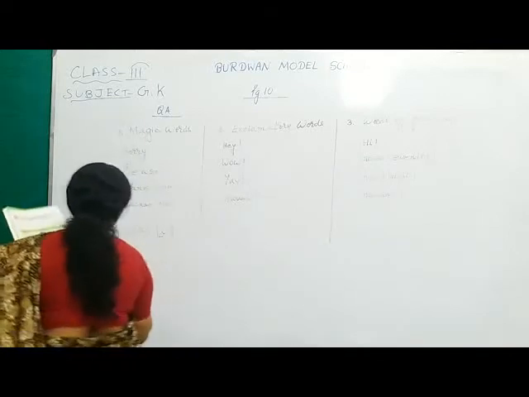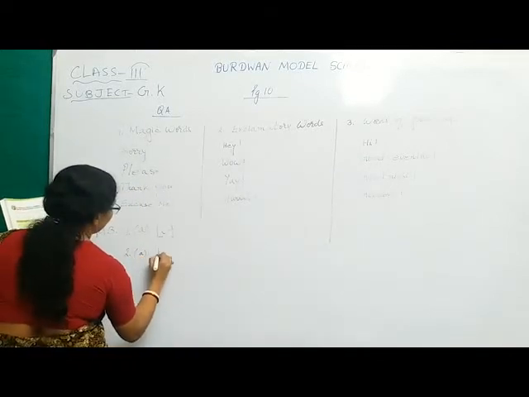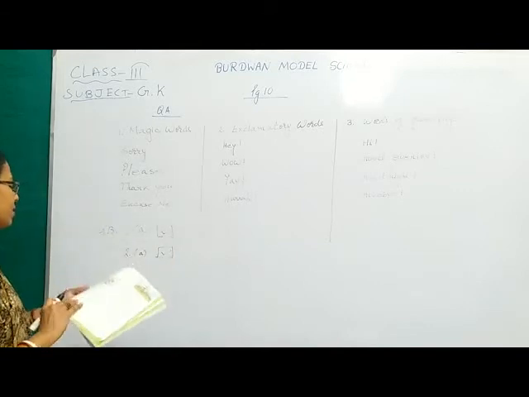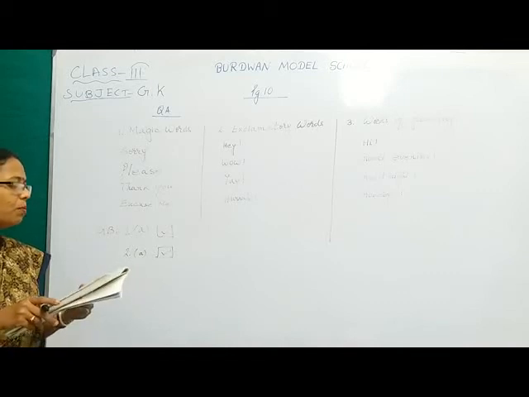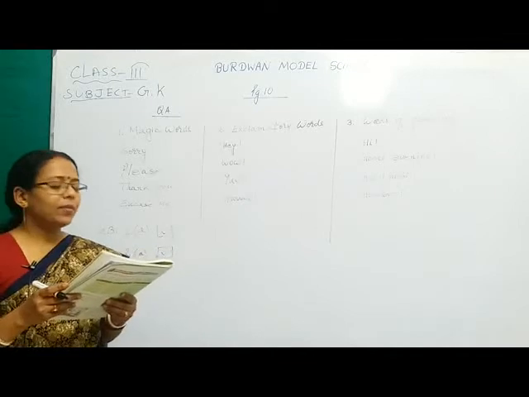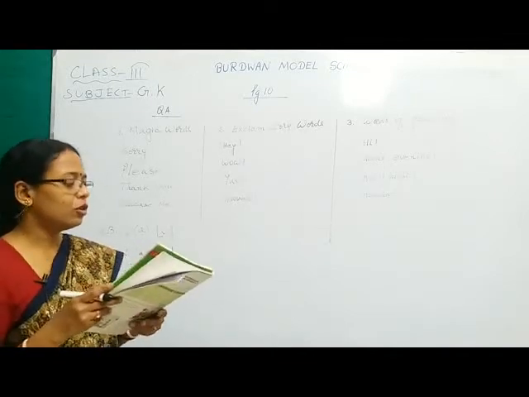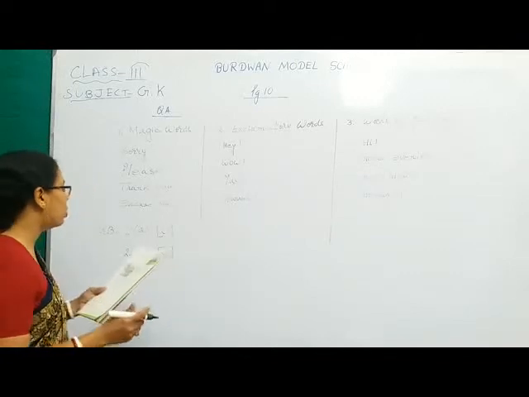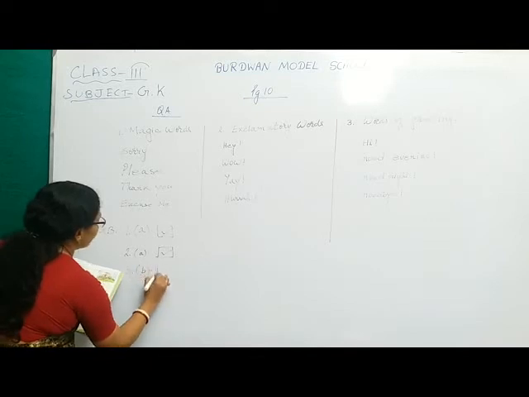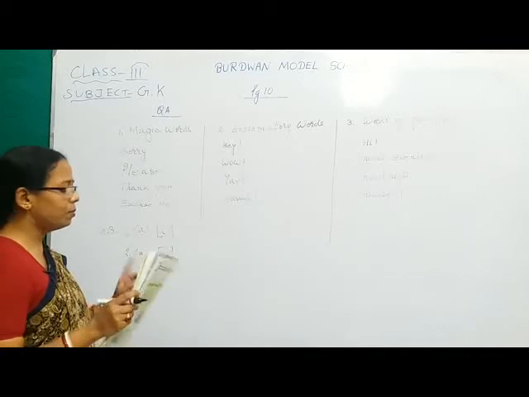So question number B2, the answer will be A. And question number 3, you bump into another child while playing. What would you say? You obviously disturbed that child, so you will say sorry. So question number 3 is B, sorry. You will put a tick for B.